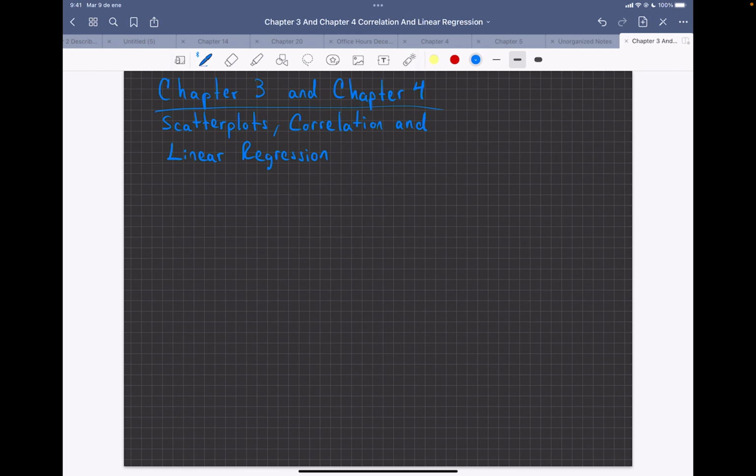All right, this chapter is about how we're going to model or try to model a relationship between two variables.